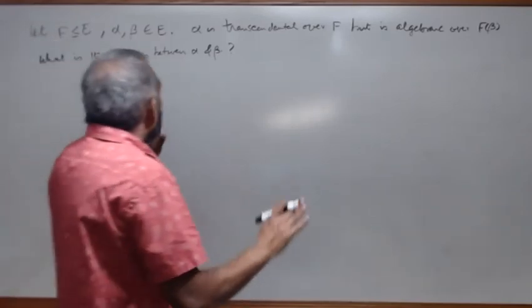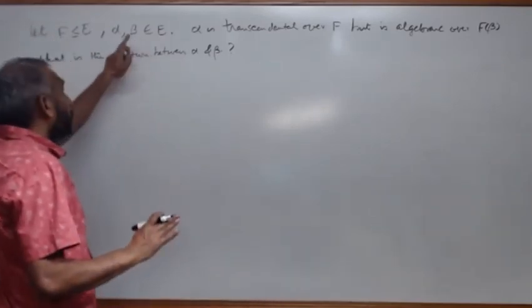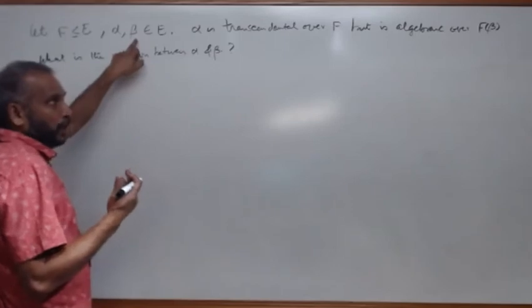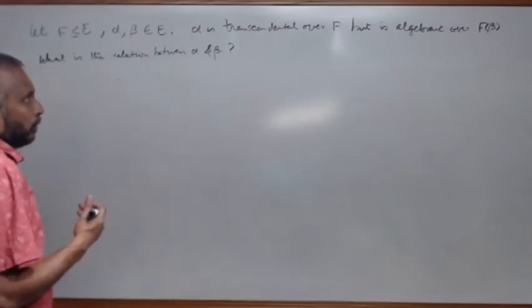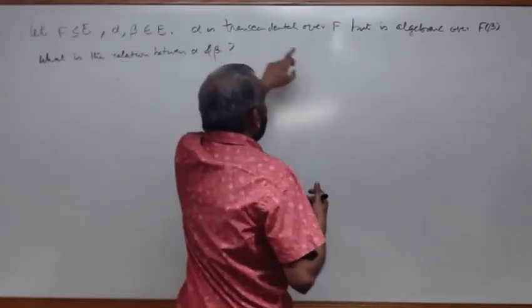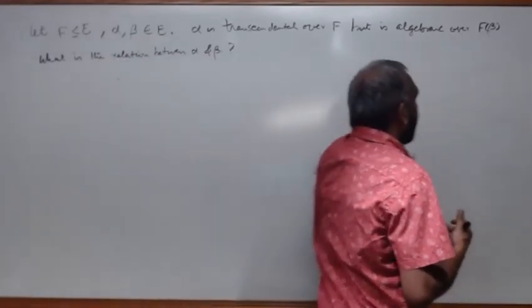We don't know anything about beta. It could be a transcendental element, or it could be an algebraic element. But all we know is alpha is algebraic over F of beta.